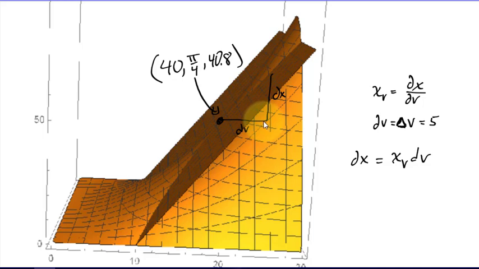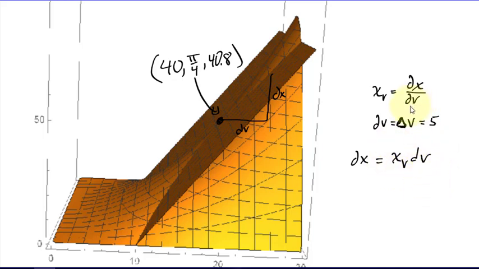I can then figure out the rate at which the horizontal range changes, and that's exactly what this partial derivative is telling me, the differential in x with respect to increase in the velocity, so that I can actually compute the actual change in the range that comes from this term.